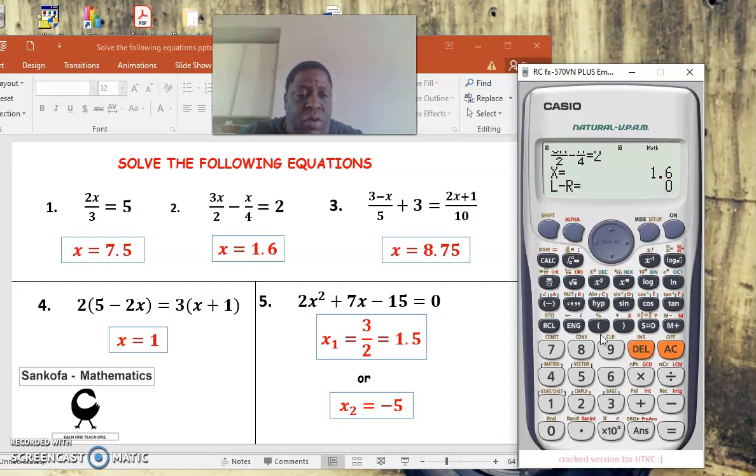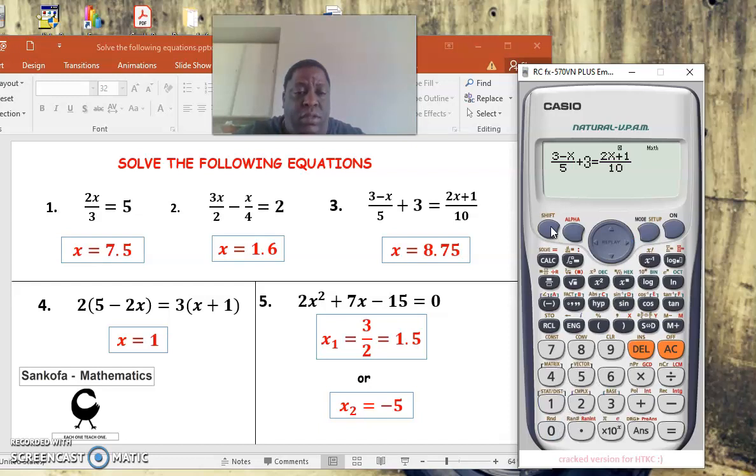So again, I'm going to go ahead and clear the memory. I can work without that, but I just want to make sure that you understand what I do. So I'm going to hit the fraction button, then I have 3 minus, then alpha x here, all over 5, then you go plus 3, and then to get equal to, you say alpha equal to, then you hit the fraction button again, so it's 2 alpha x plus 1 all over 10.